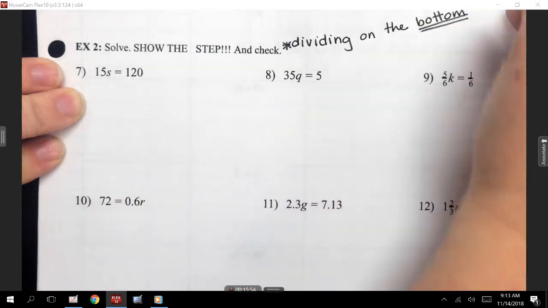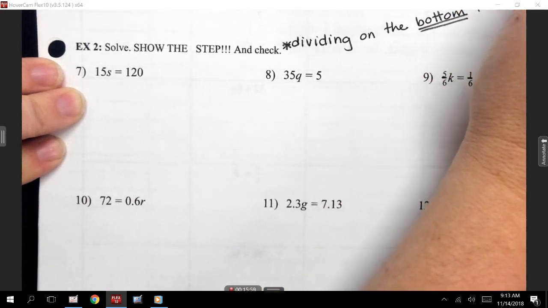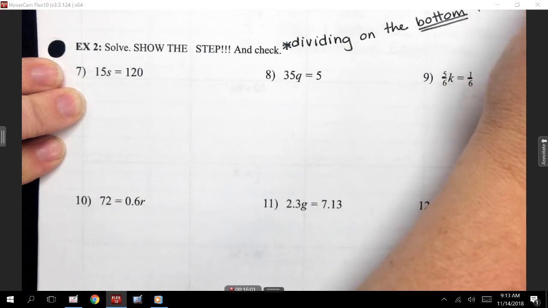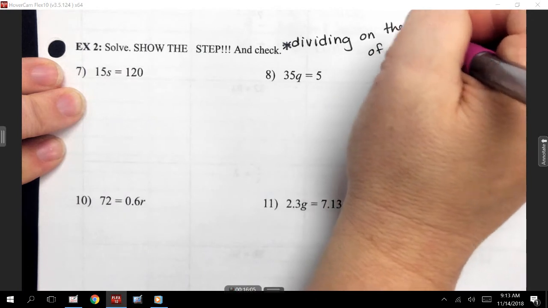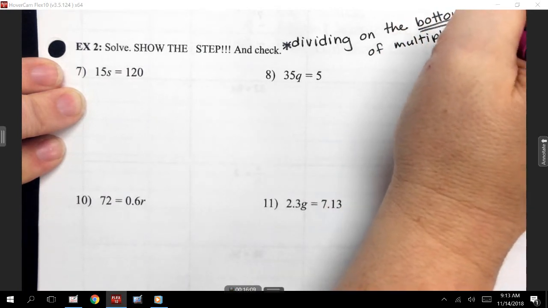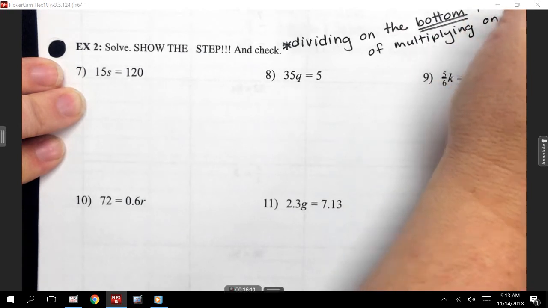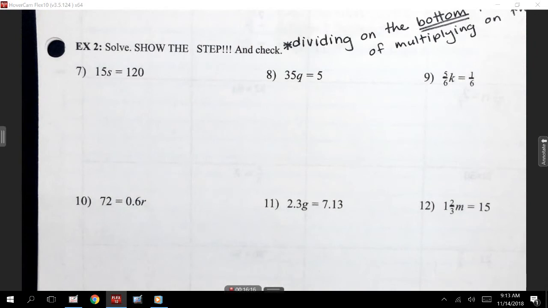Dividing on the bottom is the opposite of multiplying. And where do I multiply? On the top. So when you do your division, it should be on the bottom, just like we saw in the other problems.